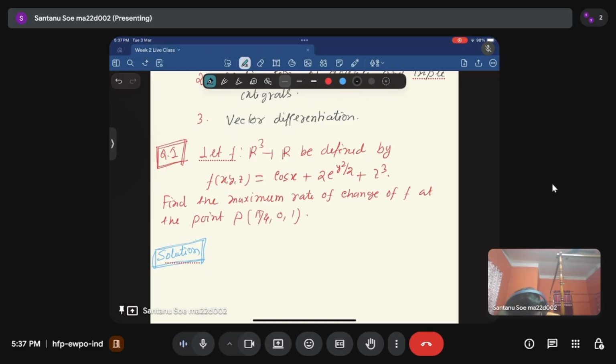Okay, so here gradient of f is the direction in which the rate of change of f is maximum.